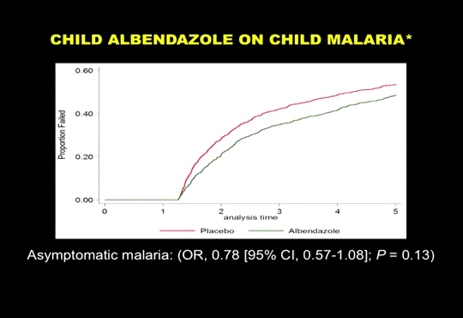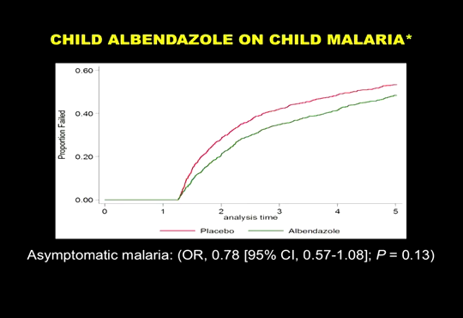So again here I'm showing a Kaplan-Meier graph. The red is the placebo group and the green is the albendazole group. As said, this is about 15 months age to age 5 years and showing the proportion that failed. We see that the children who received albendazole had a lower incidence rate of clinical malaria compared to the children who received placebo.